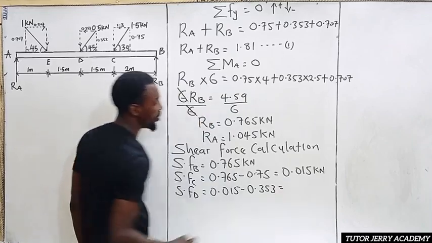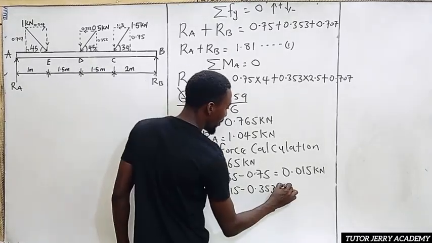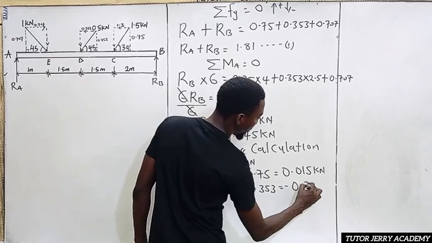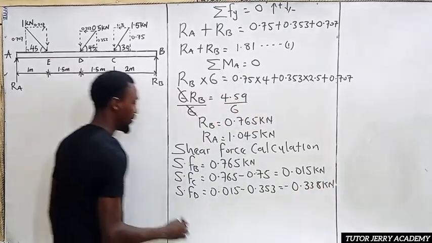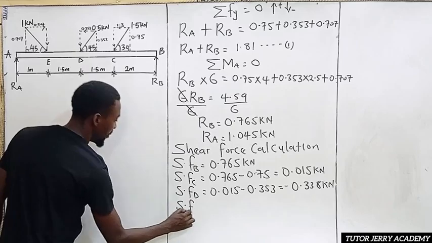So if we do this, what do we have? Minus 0.338 kilonewton.